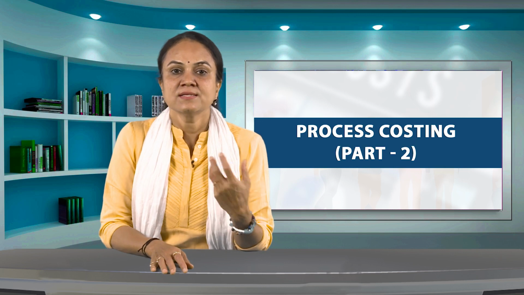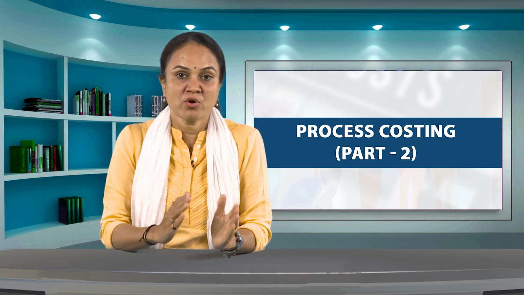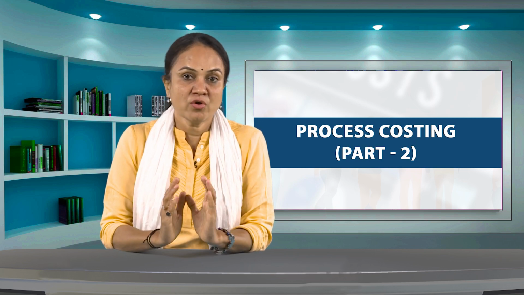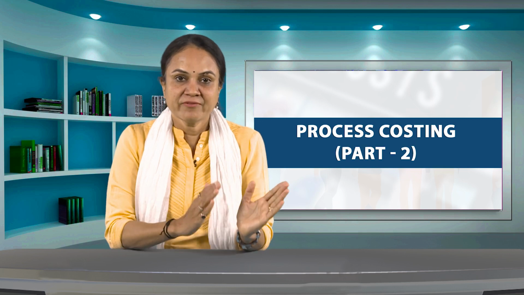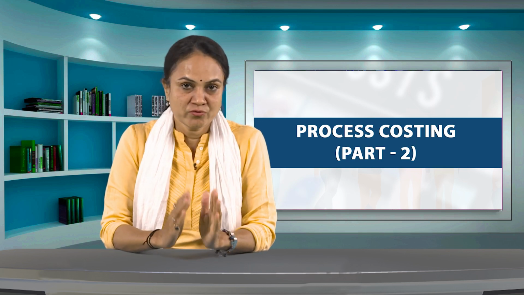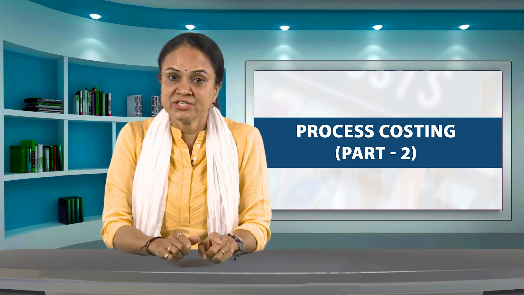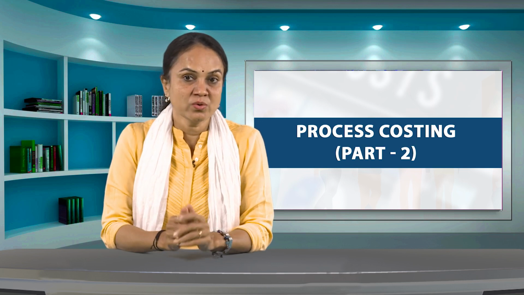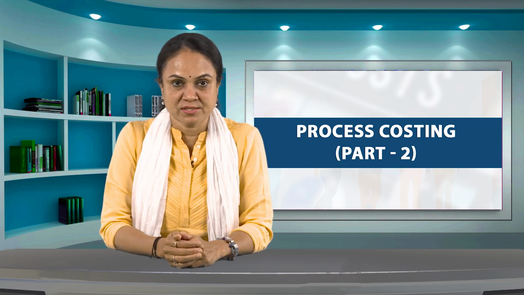Let us understand scrap value of loss. The accounting treatment of scrap value of loss is as follows. First, revenue or sales value from scrap is not treated as an addition to the sales revenue, but as a reduction in the cost of that process.